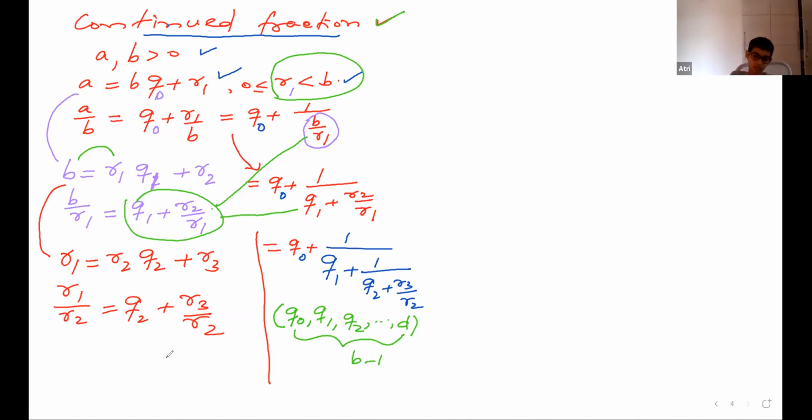That means that any fraction has a finite continued fraction representation. Is that clear? Yes, sir. There are no more than b minus 1 numbers here. So a fraction like n over m has a representation.